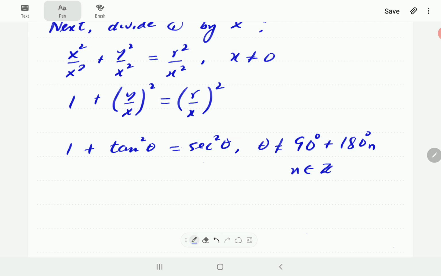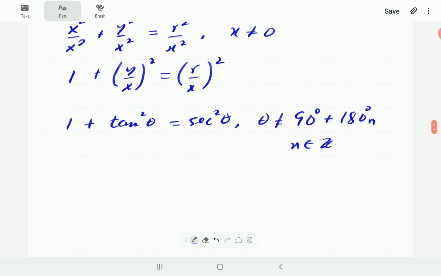So for instance, 90 plus 180 is 270, and this is making sure that all the coterminal angles of 90 plus 180 are included.